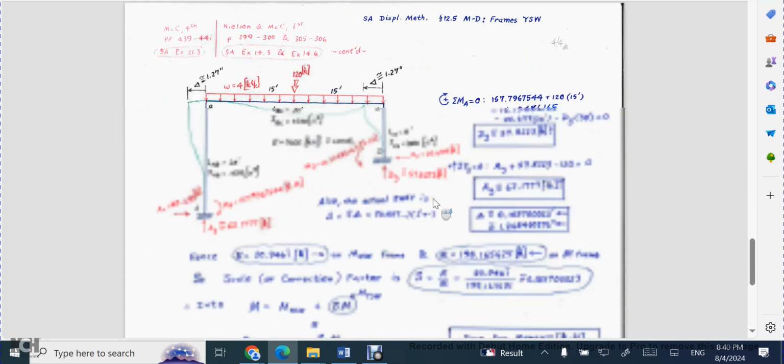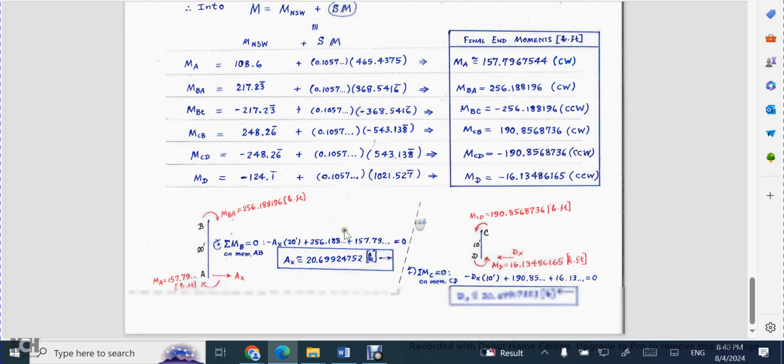So there are two ways you can do this. You can do it the way I just explained, or you can use your idea of statics that we've talked about already. And then when you solve for your AX, that's the final reactive force on the original frame, the one we're trying to analyze, it comes out to about 20.7 kips going to the right. The DX reactive force is about the same going to the left.